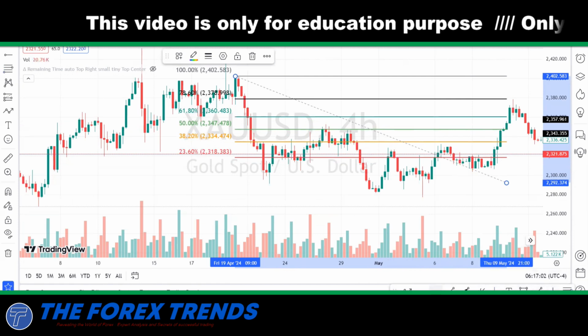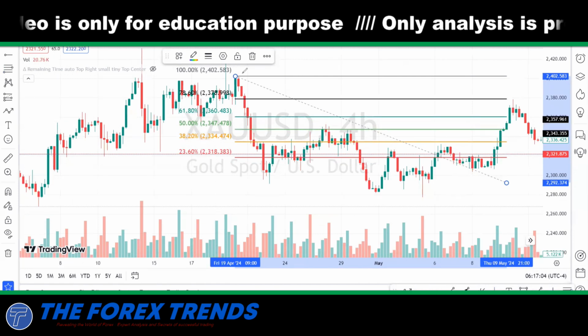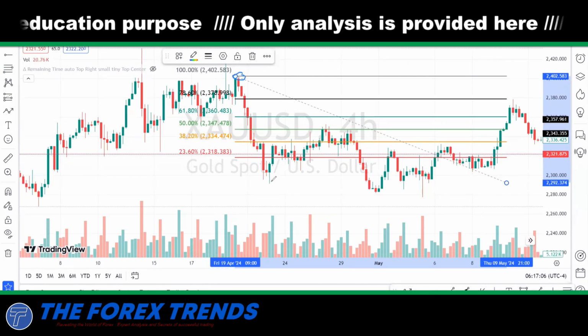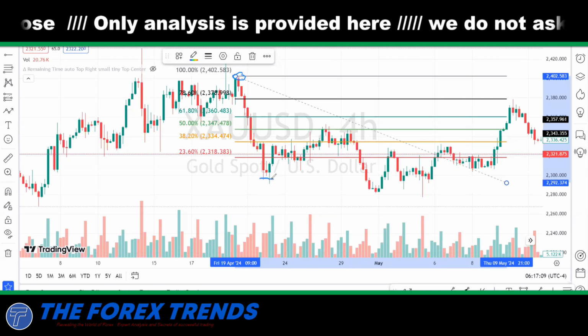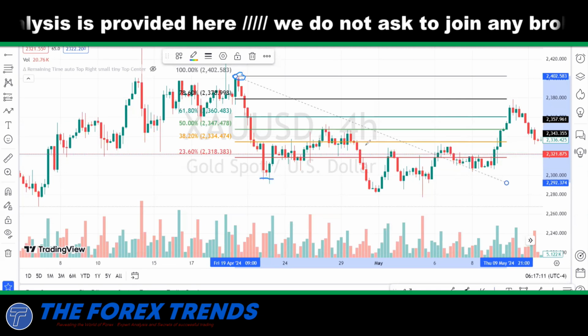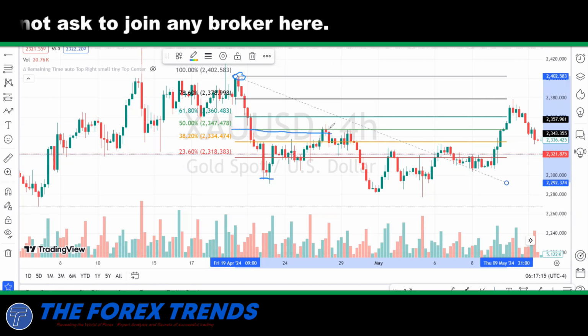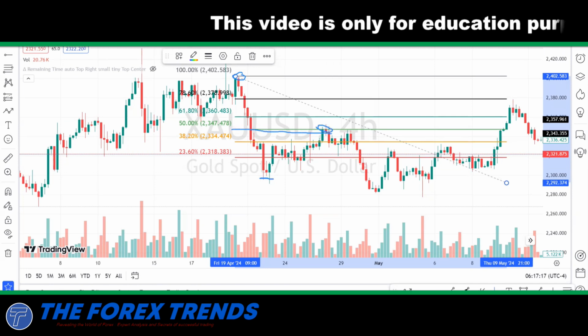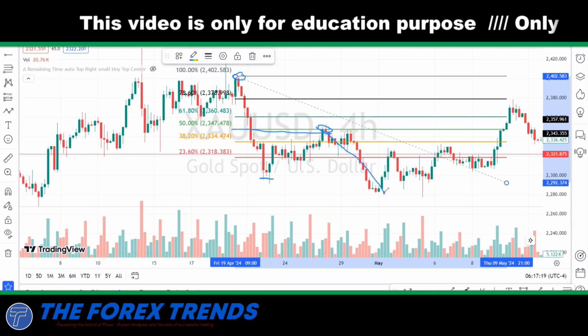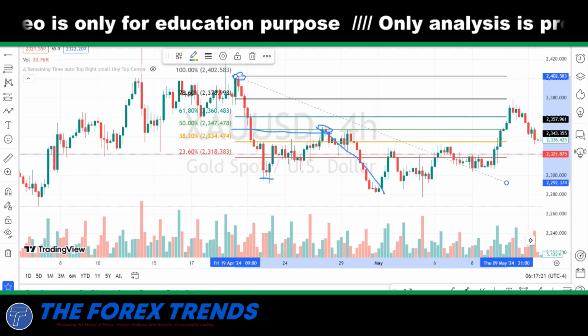Okay, as you can see, this is the starting point and this is the ending point. I have plotted the fib from start to end, and this is our 50% retracement level. How nicely the market respects this 50% level and creates an impulse. This is the way to use the fib.